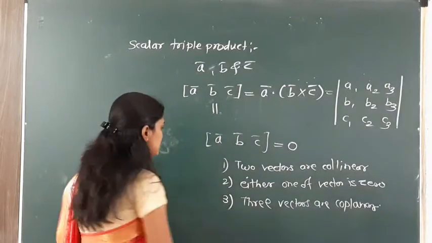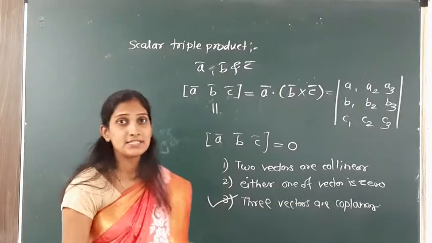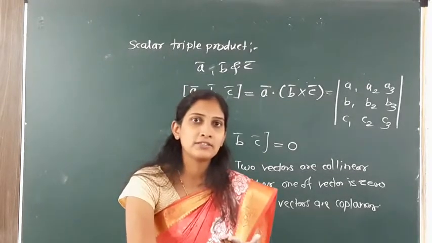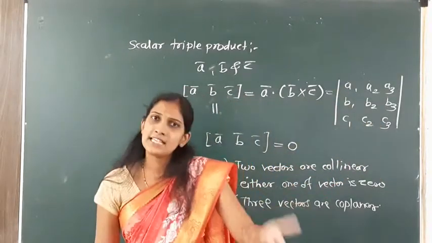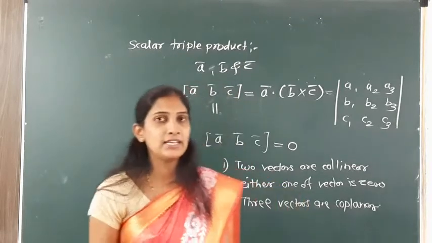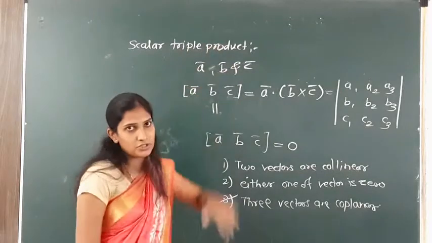We use this in examples. If we have to find whether three vectors are coplanar, then we just find out its determinant. If its determinant is 0, then these three vectors are coplanar. This is a very simple point, which is the scalar triple product.